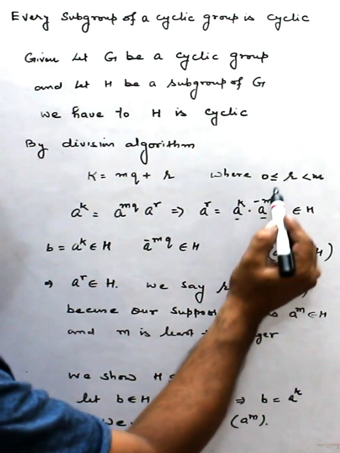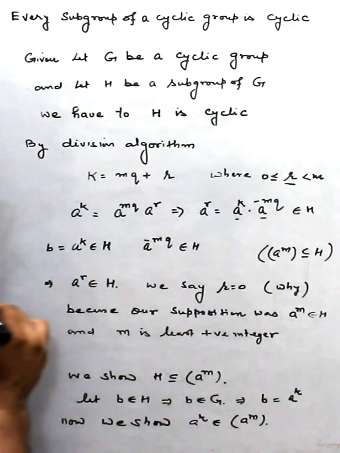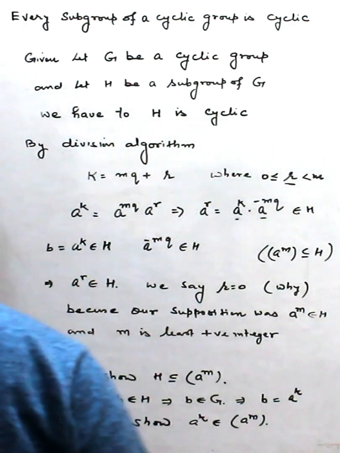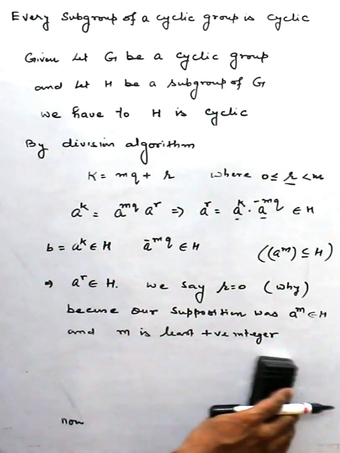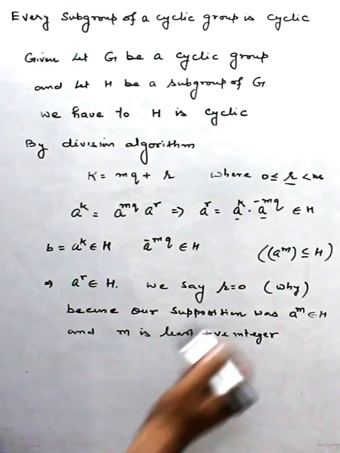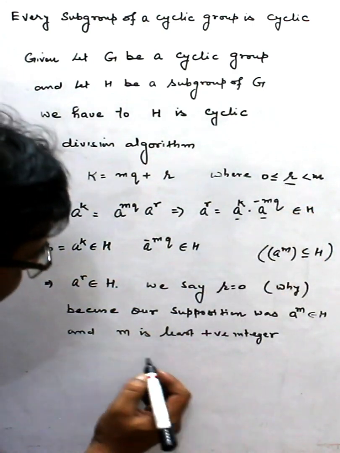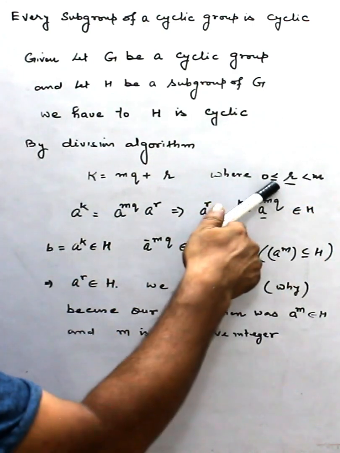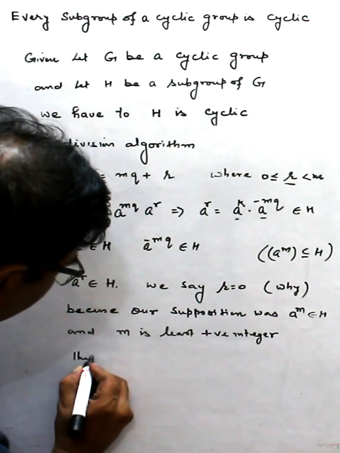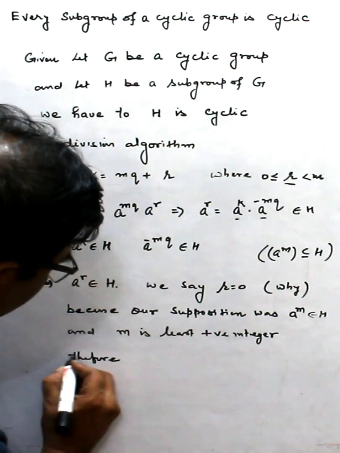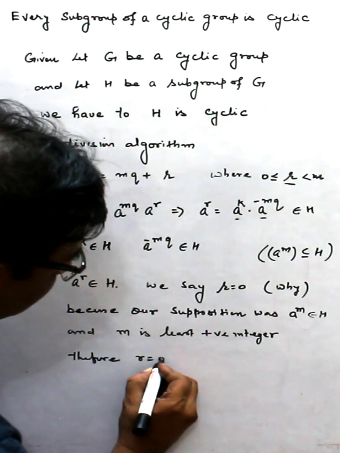But r is smaller than m. Therefore, if r is smaller than m, what possibility do we have for r? Therefore, r is 0.